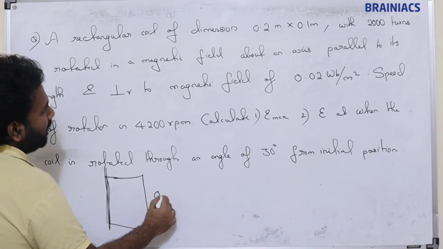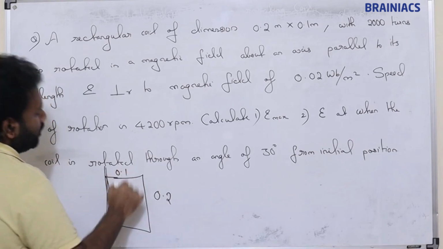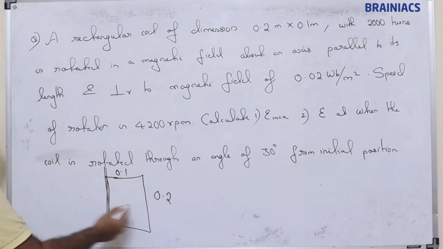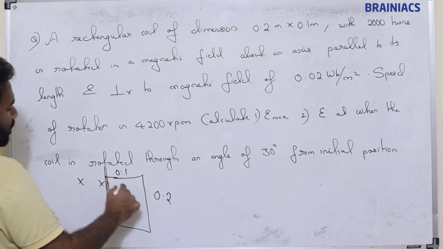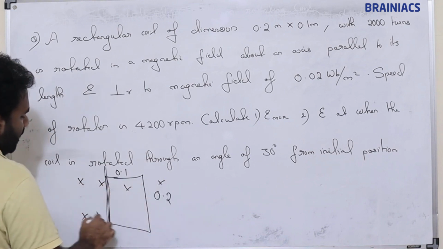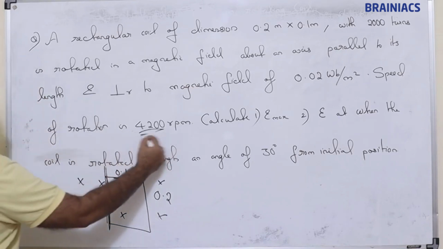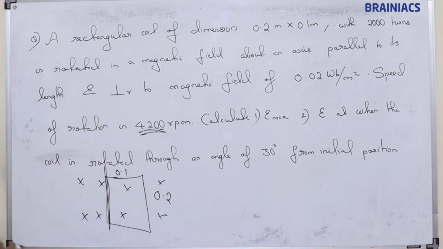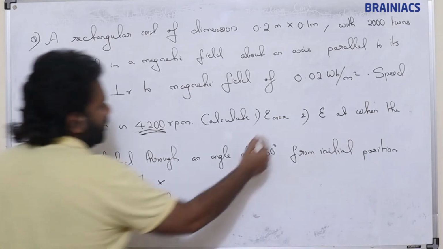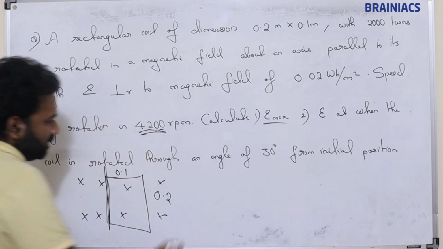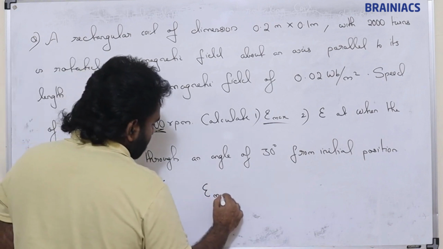This is the length, this is the breadth. It rotates perpendicular to the magnetic field, so the magnetic field direction will be like this. Speed of the rotation is 4200 rpm. Calculate Emax.